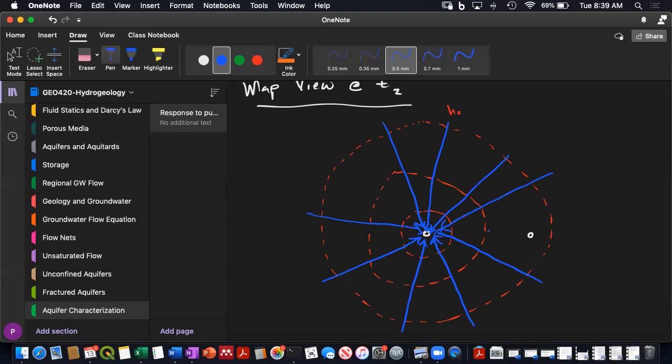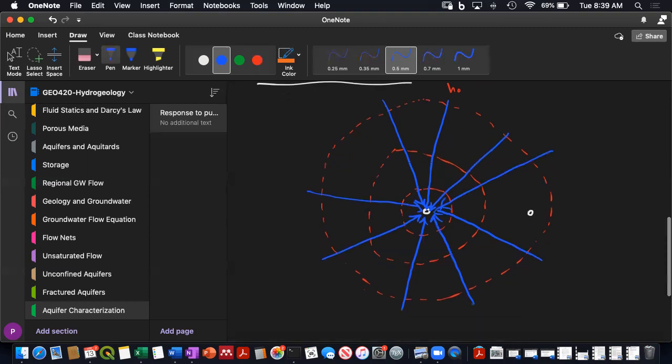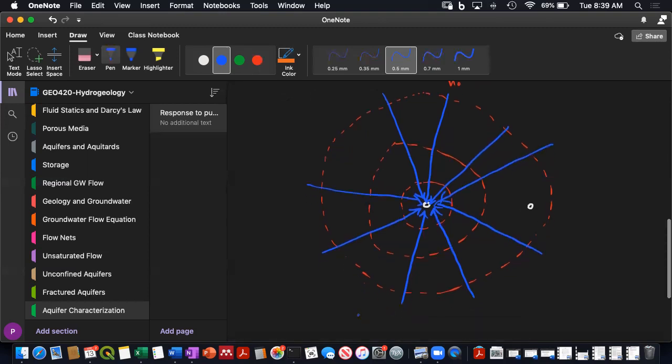Like this. So the key here is that we have radial flow to the well. All right. Water is coming from all sides radially into the well. Here's the contours of our drawdown cone, and the water is just flowing down that drawdown cone into our well.